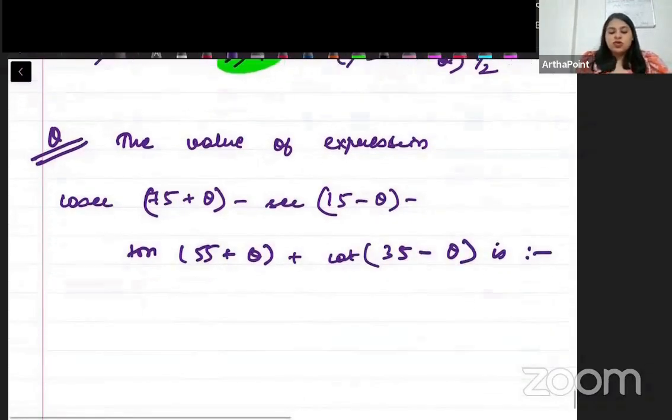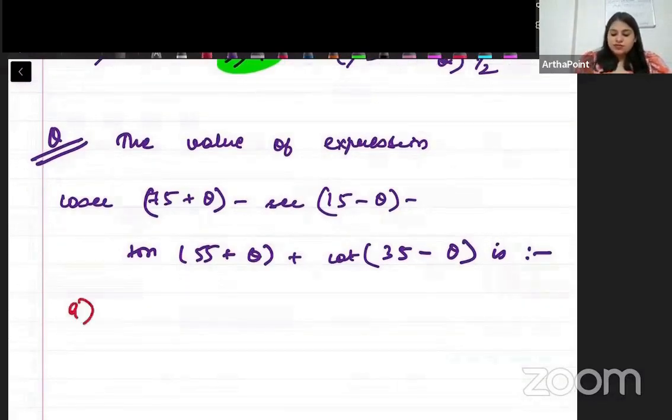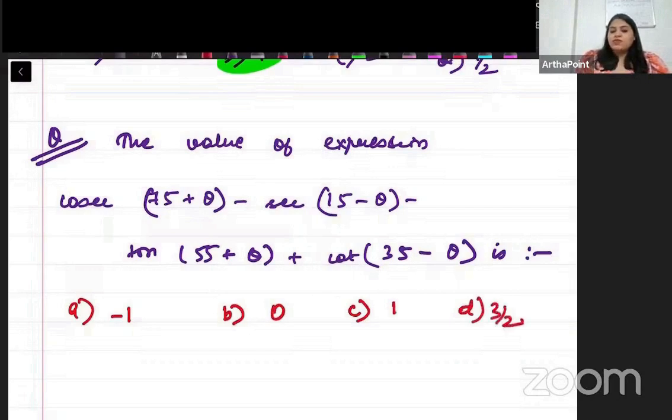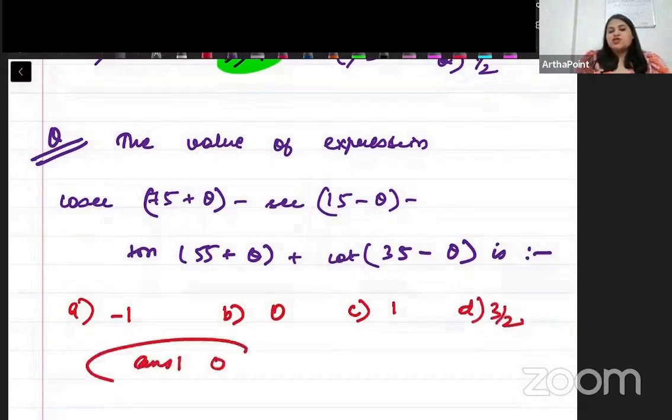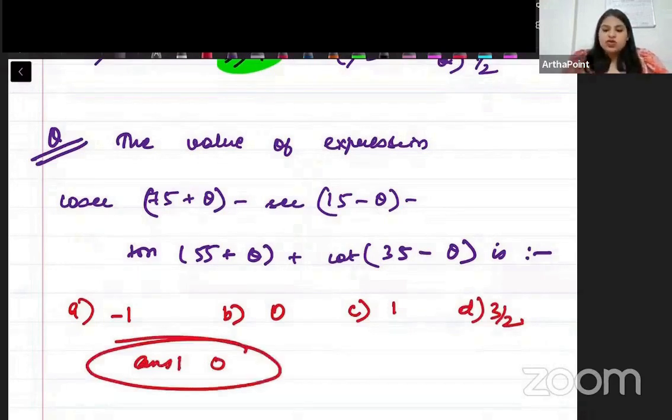This is what you want to try, and the options are -1, 0, 1, and 3 by 2. I'm telling you that the answer you should get is 0. So take some time and try to do this question.